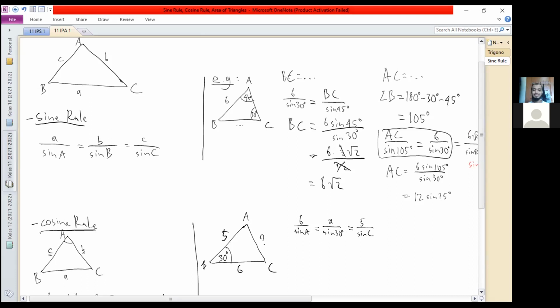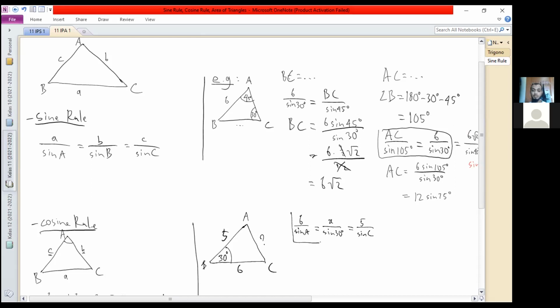Yeah, it is harder, or it is very hard, to find the other side, or to find x. In this case, if you are using any of these equations, you will still get two unknowns.